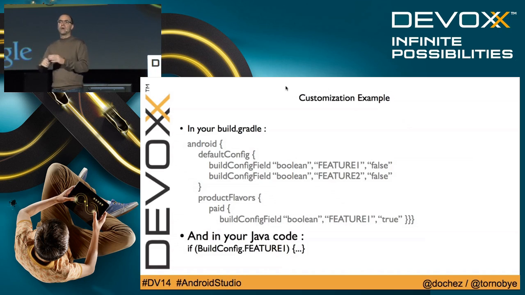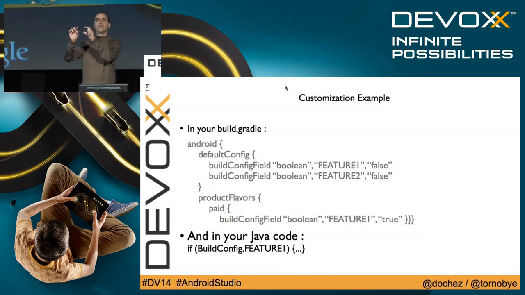The correct way of doing things would be to move the code for your paid product flavor into a source set, a directory which is only compiled when you're switching to the paid flavor. But if your code is very complicated, maybe not so well written, or maybe it has evolved for 5 years and it's not easy to tear out stuff, one easy way is to just declare those build configs, and then in your Java code you say if this, else that.